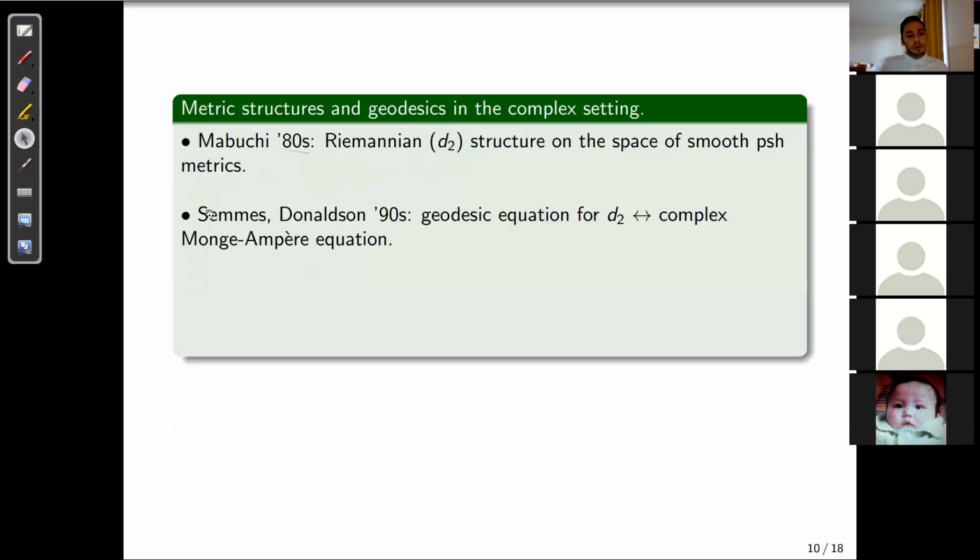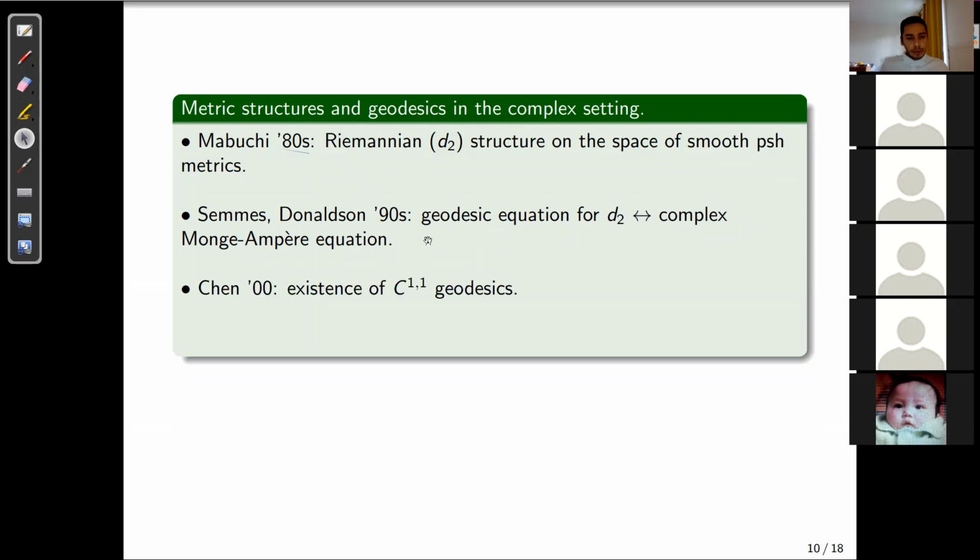Then Semmes and Donaldson in the 90s realized that the geodesic equation for d2 sort of corresponded to solving a complex Monge-Ampère equation.